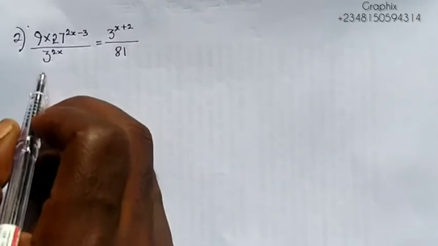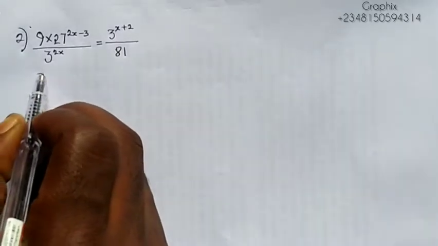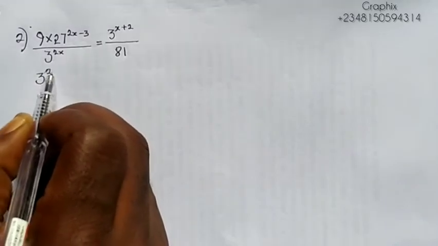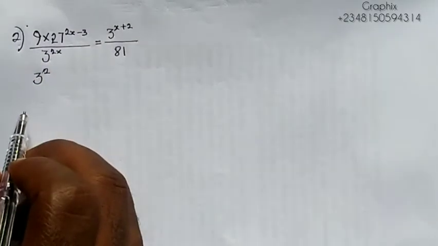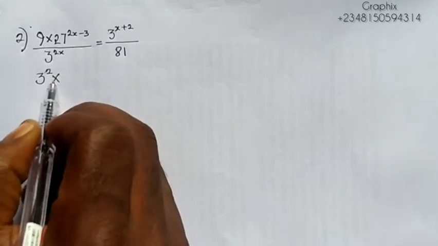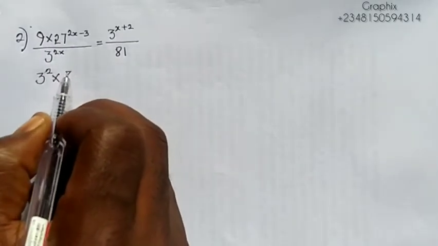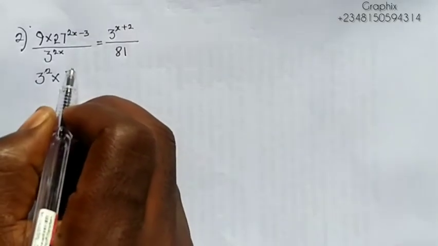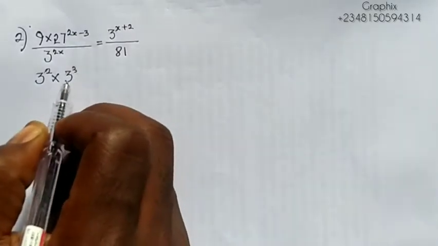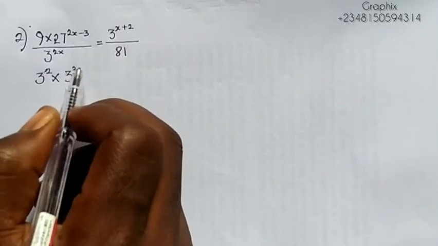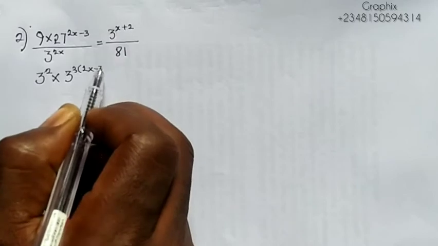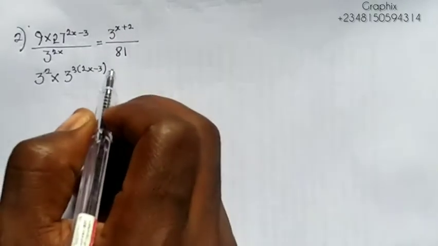So we are going to be having 3 with the power of what? 2. That is for 9. Multiply by 3 with the power of what? 3. That will be 27, because 3 times 3 times 3 is 27, into bracket 2x minus 3, right?